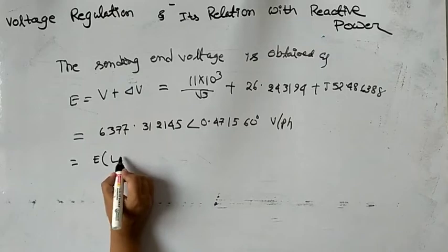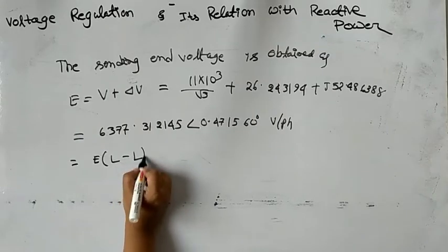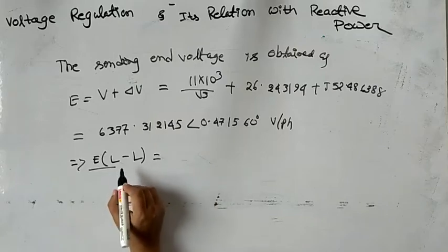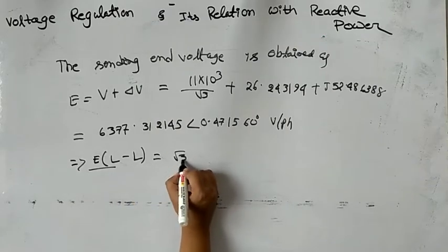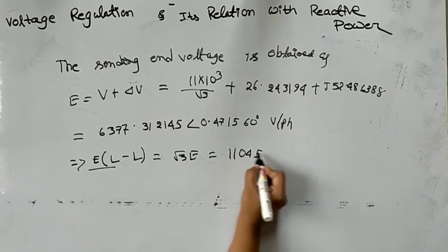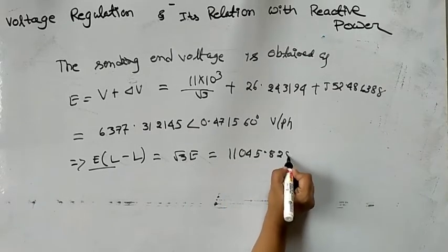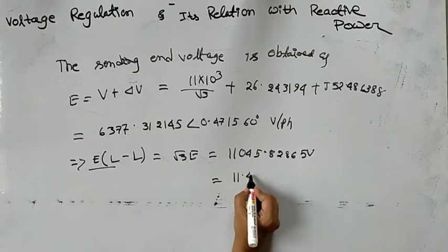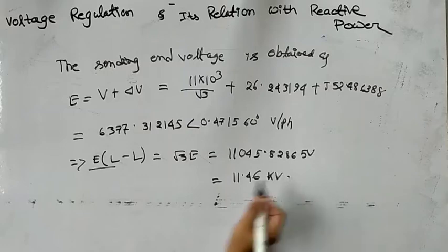The line voltage at the sending end is root 3 into E, which equals 11045.82865 volt or 11.46 kV.